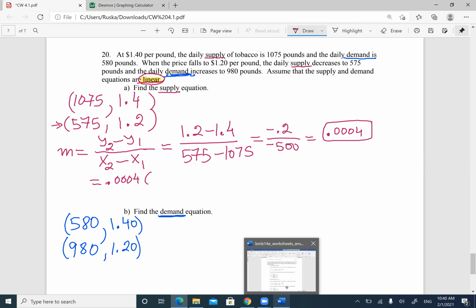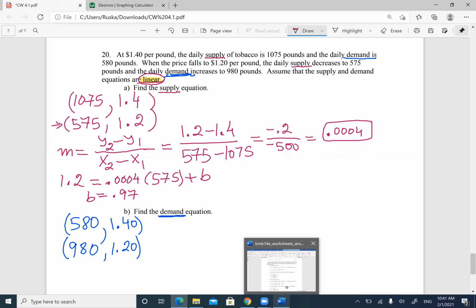So you're gonna multiply 0.0004 times 575. That gives me 0.23, and when I subtract it from both sides from 1.2, it's gonna be 0.97.